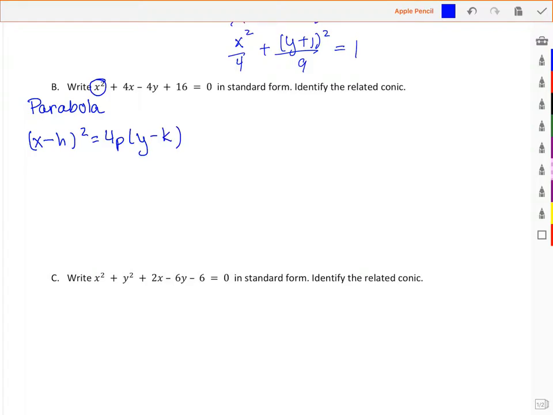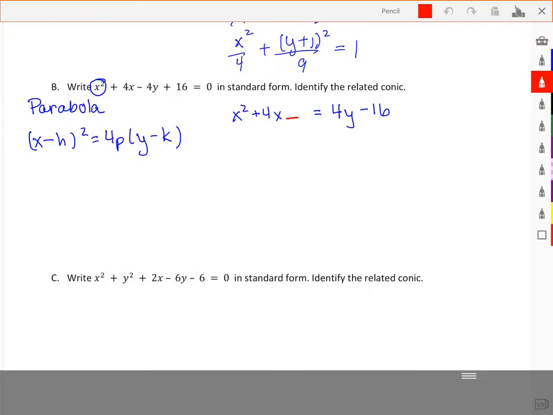So we're going to put our x squared plus 4x on one side. And let's go ahead and move everything else to the other side. I left a little space because I know I'll be completing the square here. So I'm going to move my 4y to the other side, making it a positive 4y. And the 16, we're going to move it over as well. So that's a minus 16.